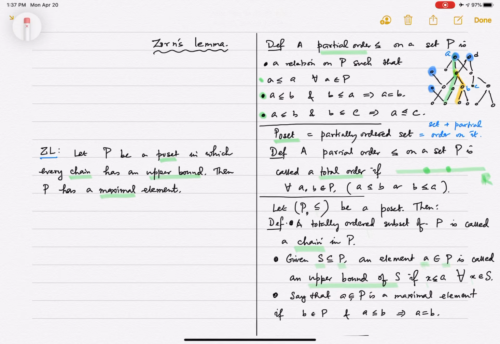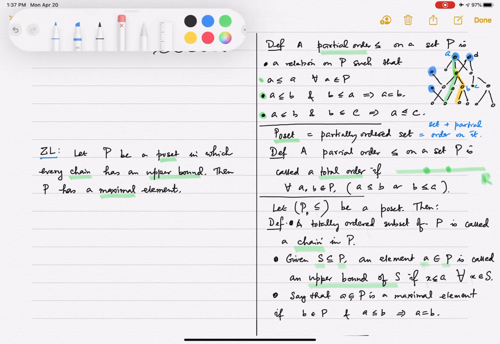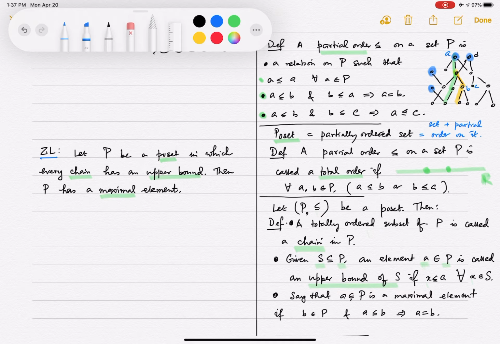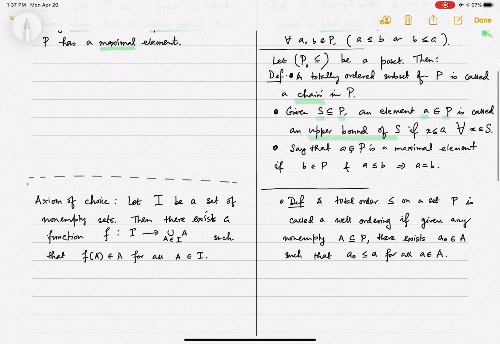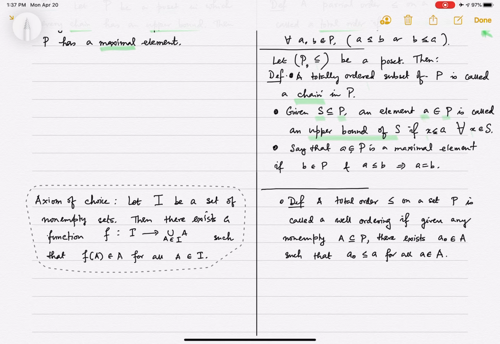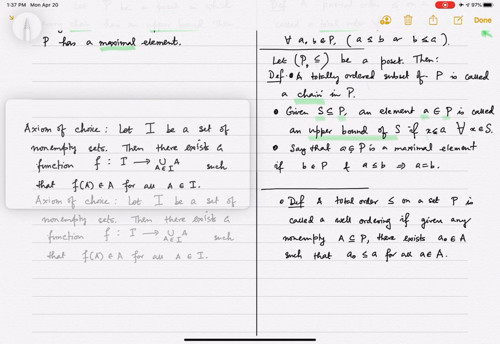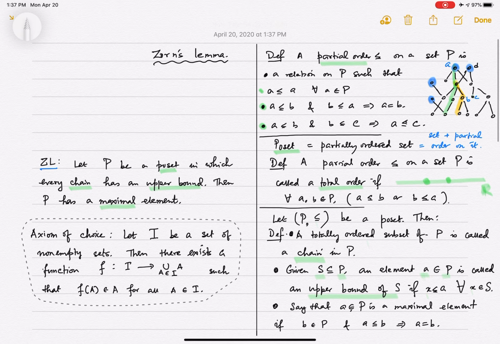But it turns out that it's logically equivalent to another statement which is usually taken as an axiom in set theory, an axiom of foundation of mathematics, if you will, called the axiom of choice. And I've written that out here. And this one sounds a lot more intuitive to me, at least.